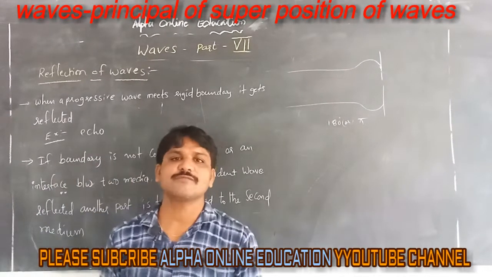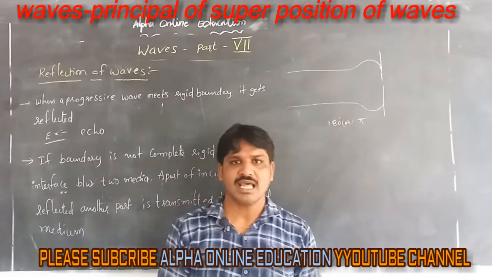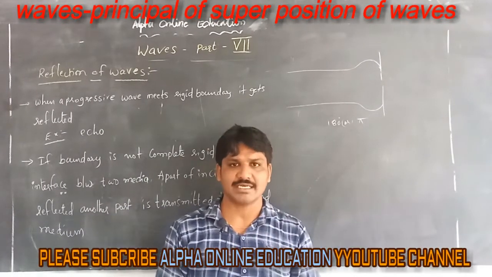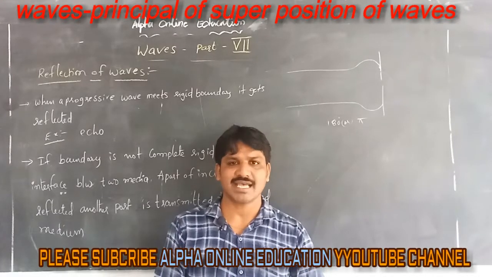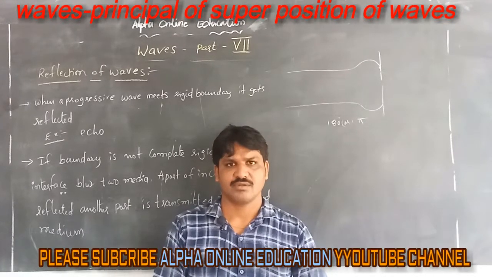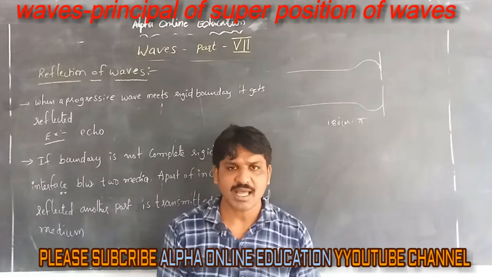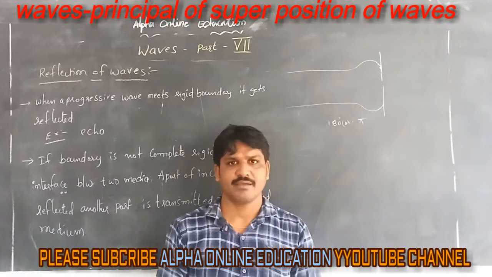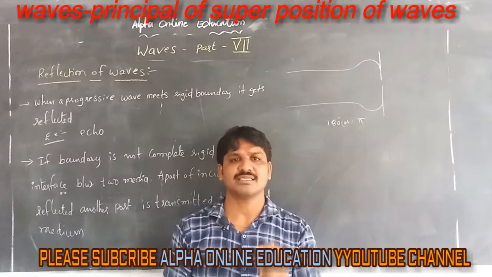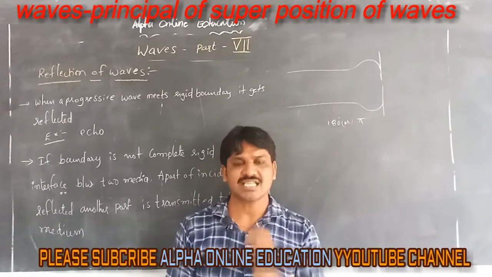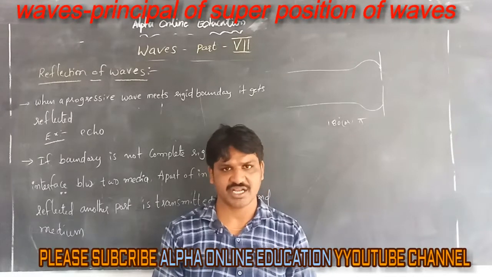By the principle of superposition of waves, the incident wave and the reflected wave differ with a phase angle of pi, so that the displacement of the wall is 0. This condition is called the boundary condition.